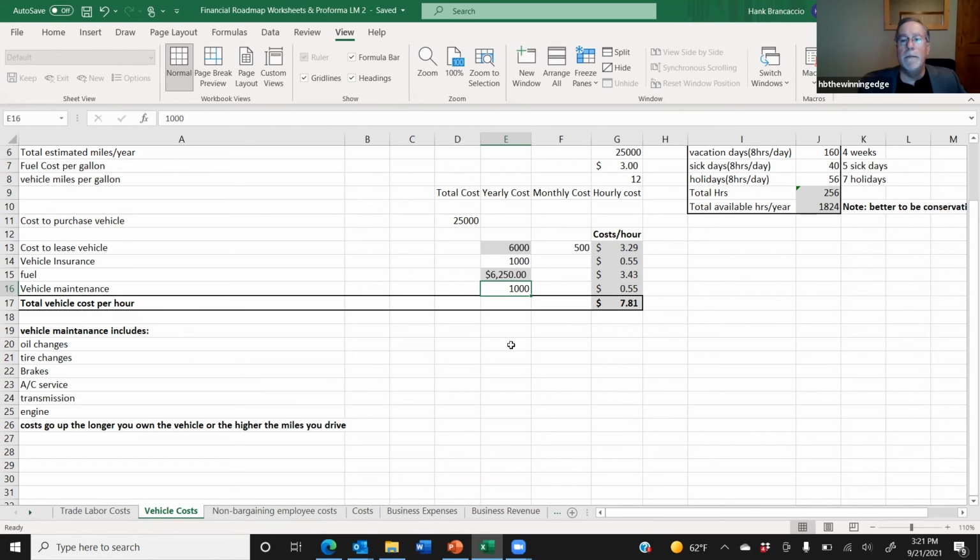Also, keep this in mind. When you think of a lease, don't think of it as 10,000 miles a year. You can make a lease whatever you want it to be. You can make a lease 25,000 miles a year. It'll cost you more money for the lease, but don't get hung up like, oh, a lease is only 10,000 or 12,000 miles a year. That's not the case. You can work with a leasing company. They'll tell you, we'll make the lease whatever you want.